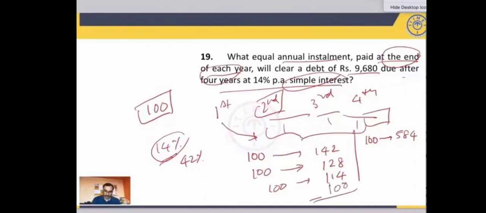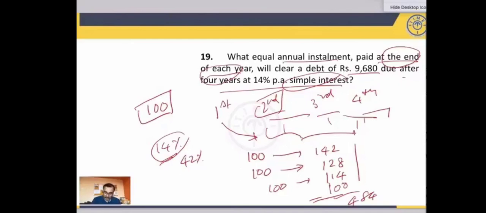So what is the total amount you are paying? 142 plus 128 plus 114 plus 100. So 42 plus 28 plus 14, that is 70 plus 14, 84. 84 and 1, 2, 3, 4, that is 484.